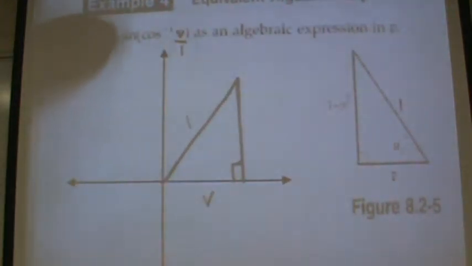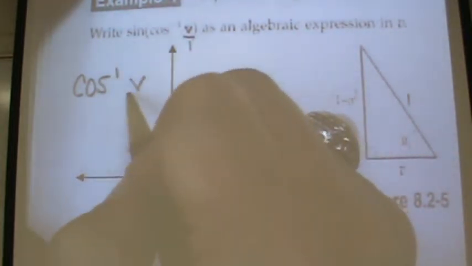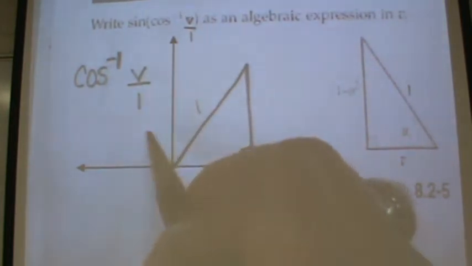So I want you to put your finger over sine right here. This is what you have: inverse cosine, or arc cosine, and you have v. I made this v over 1. This is a negative. So I made this a fraction.